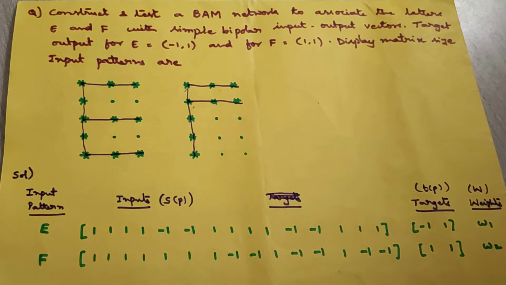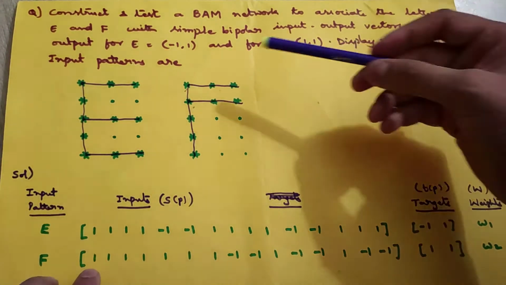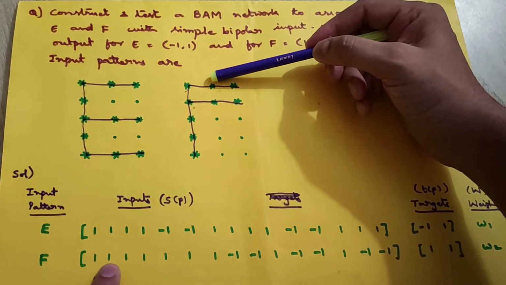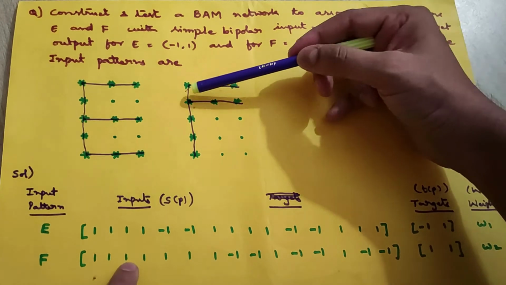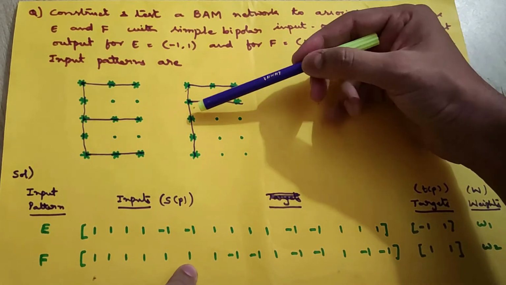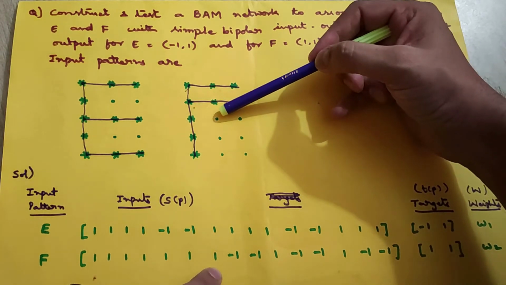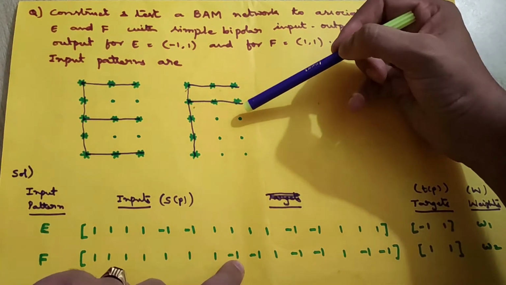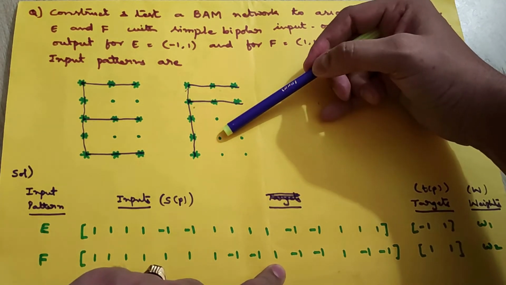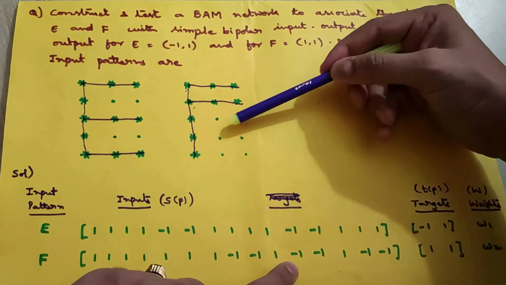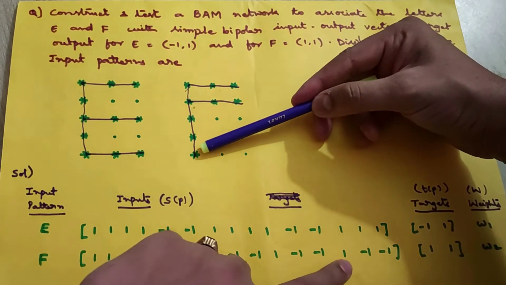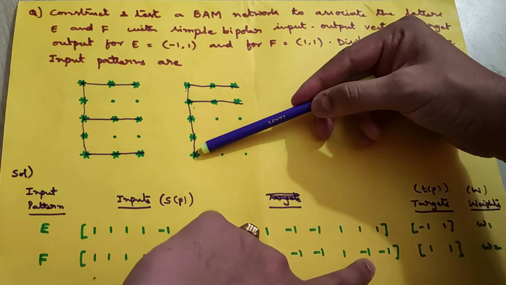So coming to F, this is an asterisk, so I need to put 1 here, asterisk 1, asterisk 1, asterisk 1, asterisk 1, asterisk 1. Then I have a dot here, so -1, -1. Again I have an asterisk here, 1, again a dot here -1, again a dot here, that is also -1, and then this is an asterisk, so 1, and -1 and -1.